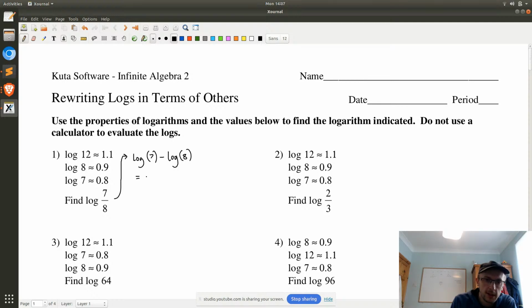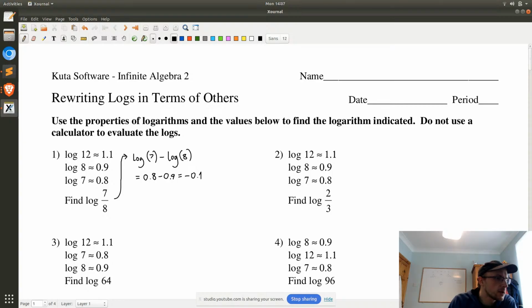According to this, 0.8 take 0.9, which is negative 0.1. And indeed, 7 over 8 is between 0 and 1, and therefore we would expect it to be negative.